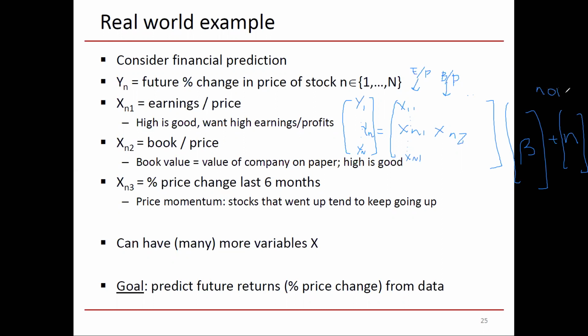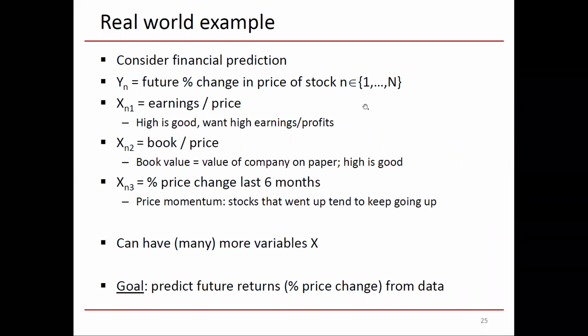So what I'm saying is that the returns in our training data are X times beta plus N, again, N noise, and we want to estimate betas that provide a good explanation for the Ys. If we can do this, we might be able to, on the future data, again, this is training data, on test data in the future, we might be able to predict the future returns well and make some profits from them. All right, so let's move to the next slide.